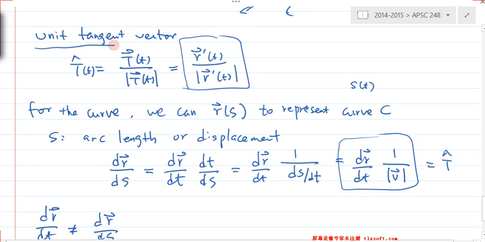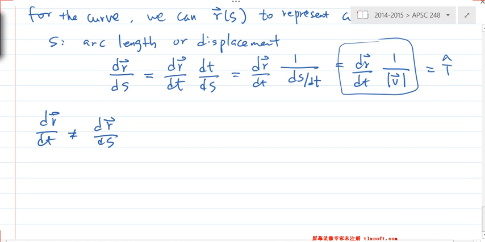Now let's look at another special one called the unit normal vector. More precisely, we call that the principal unit normal vector. This is a vector that is perpendicular to the t hat.